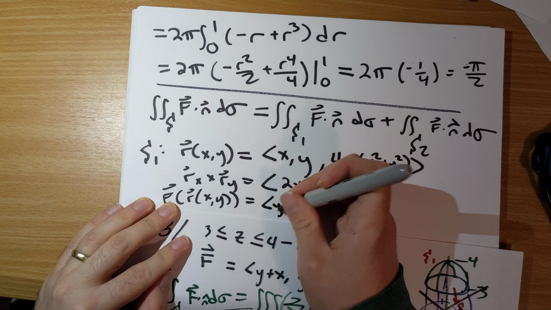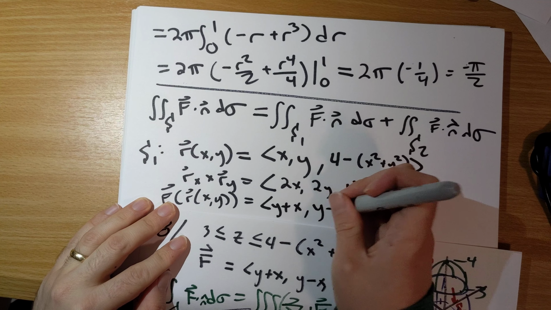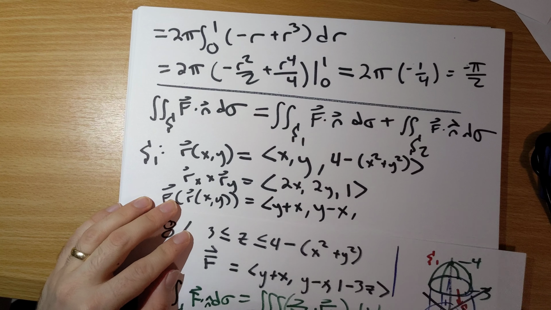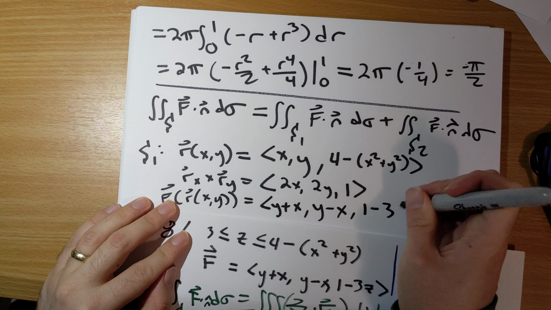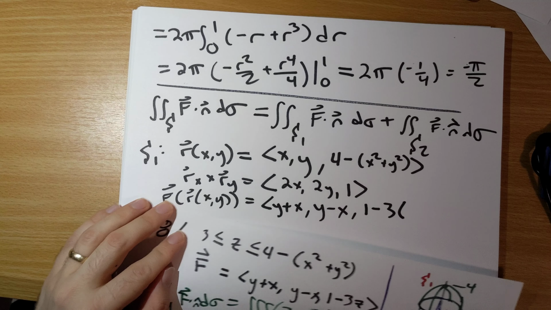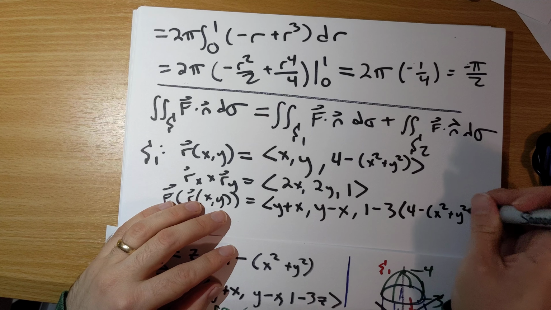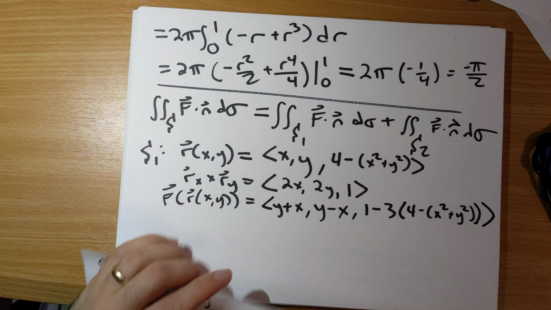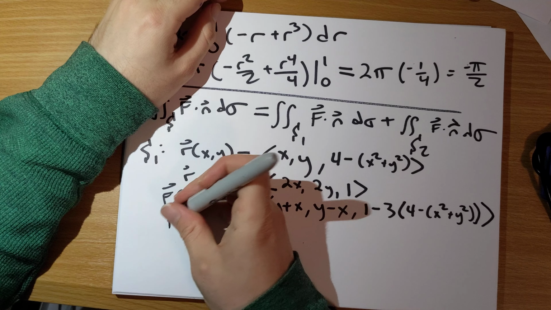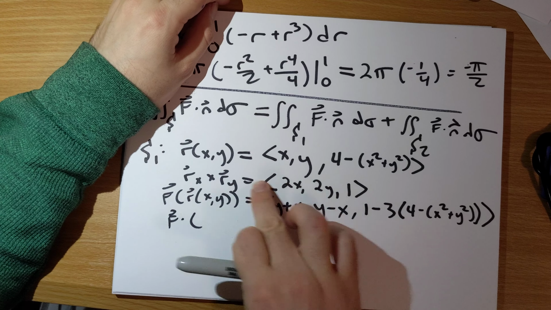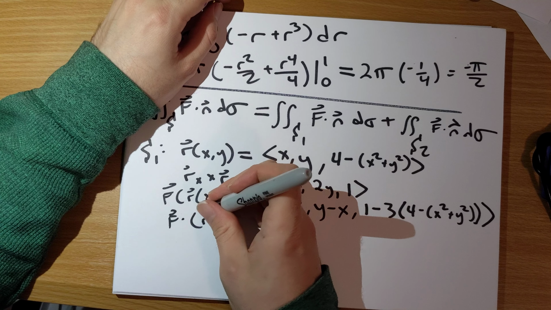So y plus x is just y plus x. Y minus x is still y minus x. And that 1 minus 3 times z right here is 4 minus x squared plus y squared. And then we need f dot product with this right here.